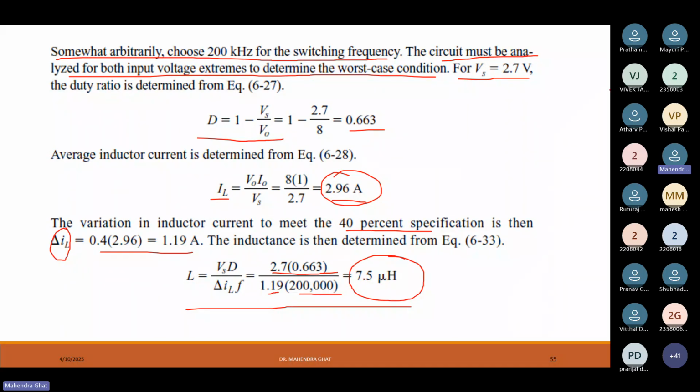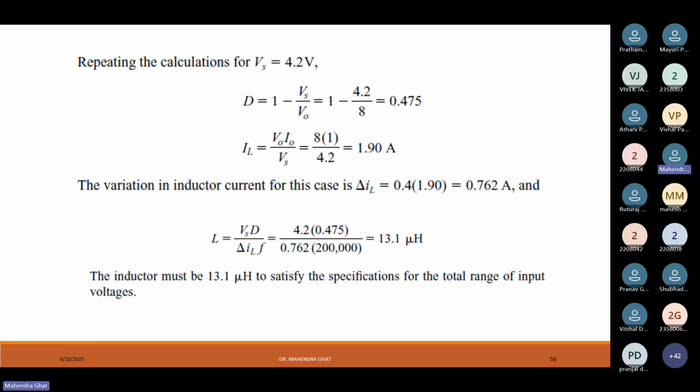Now the same thing we have to calculate for the input voltage equal to 4.2. Considering Vs ranging from 2.7 to 4.2, we again calculate the duty, then IL is calculated as Vo Io by Vs, where Vs is now 4.2.